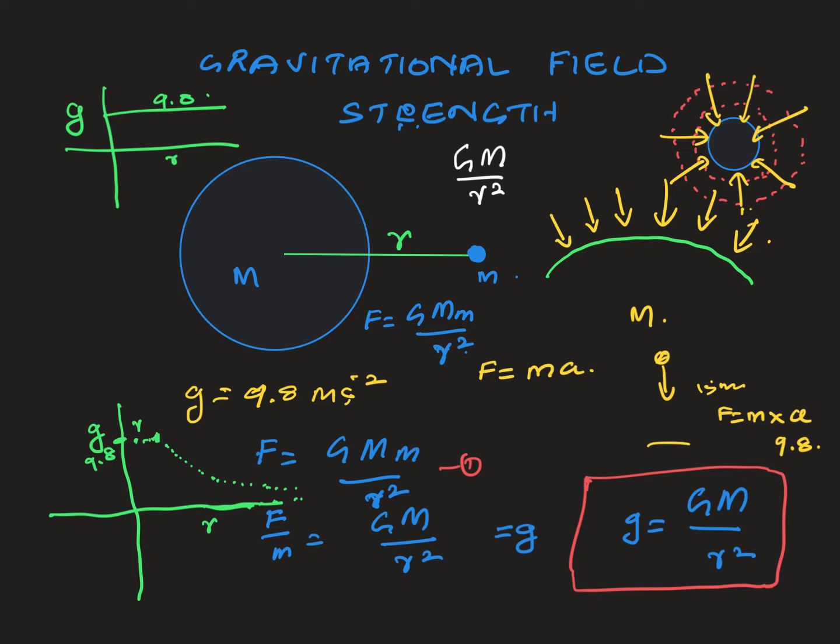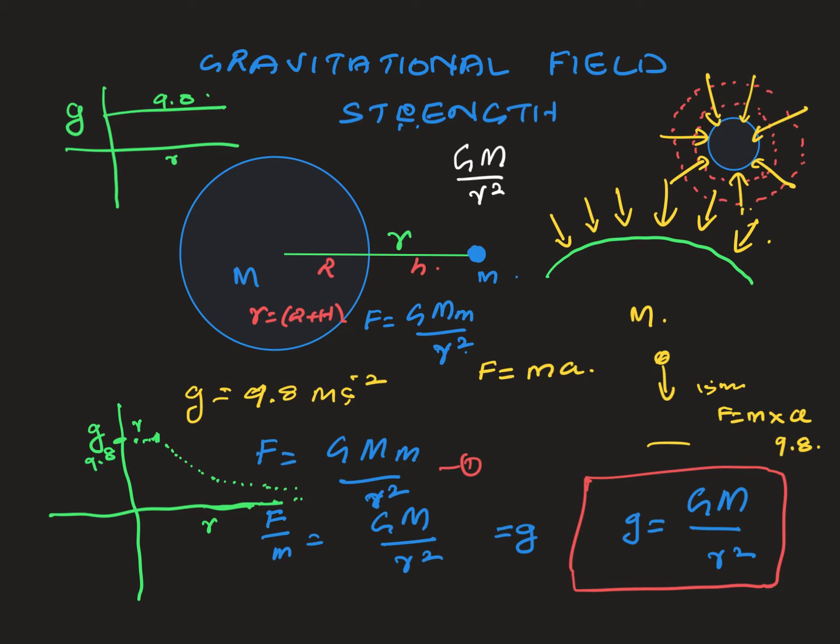So if they give you the altitude from the surface of the Earth, then you need to add the radius of the Earth plus the altitude. Say they give you this one as R and this one as h. In this case, r is equal to R plus h.